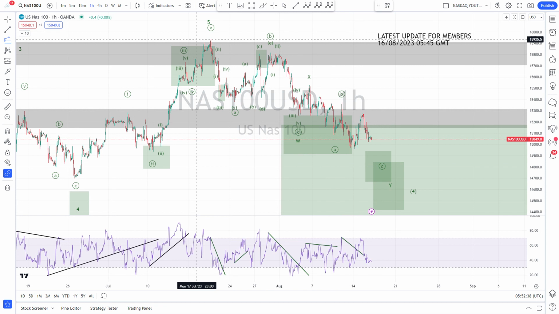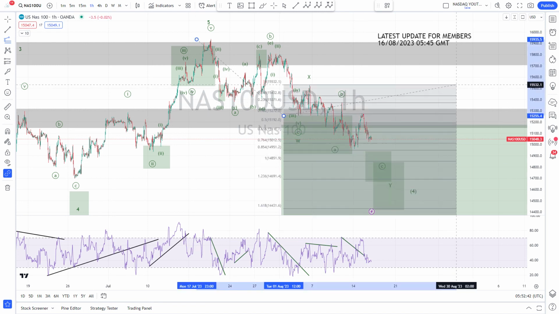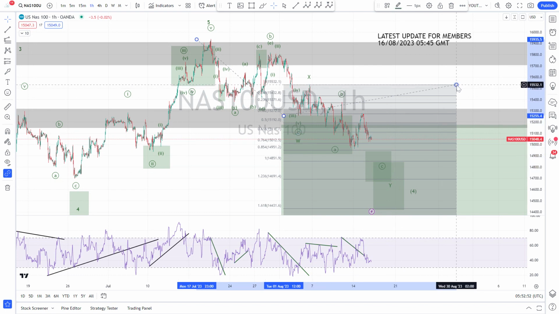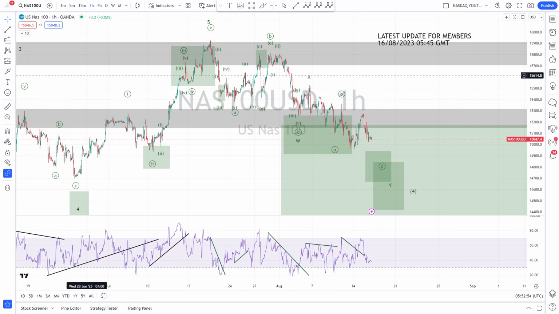First of all, if we take the length of our wave W and the length of our wave X, then the area between the 1 and the 1.618 Fib extension is the area where this wave Y should end. That's one. And then secondly, if this is an ABC here, we can define the area where our wave C should end.